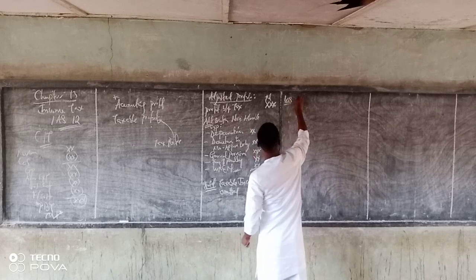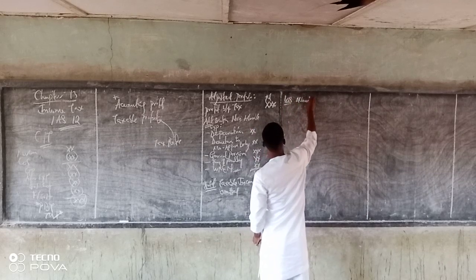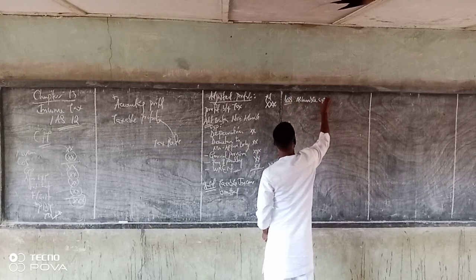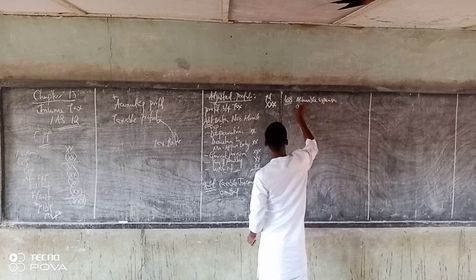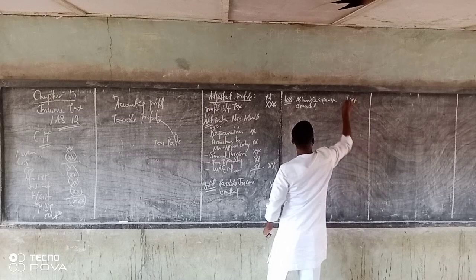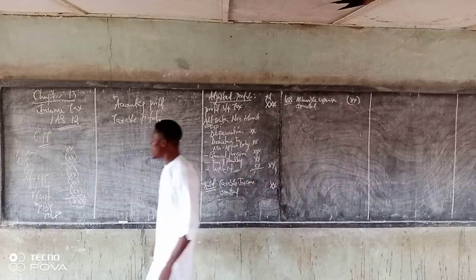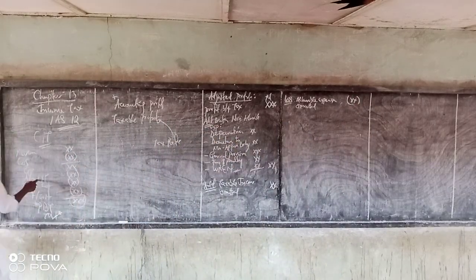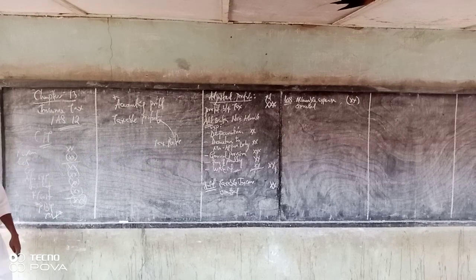Less allowable expenses omitted. Some expenses are allowed, but by the time they were preparing the account, mistakenly they were omitted.